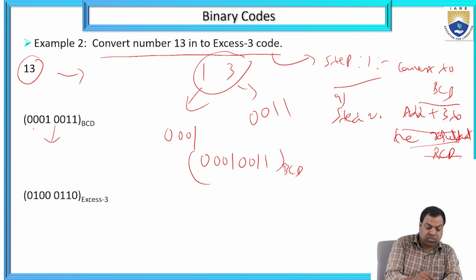So this value is 0001 0011. For this, we add plus 3, that is 0011 0011.